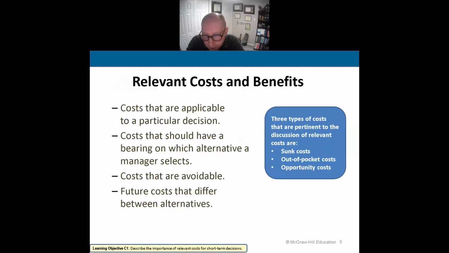An out-of-pocket cost, just as it sounds, is a cost associated with the decision. And an opportunity cost is the cost that is foregone, meaning if you select one alternative, the alternative that you did not select is the opportunity cost.